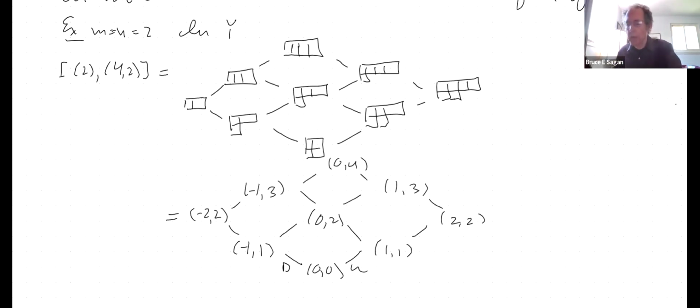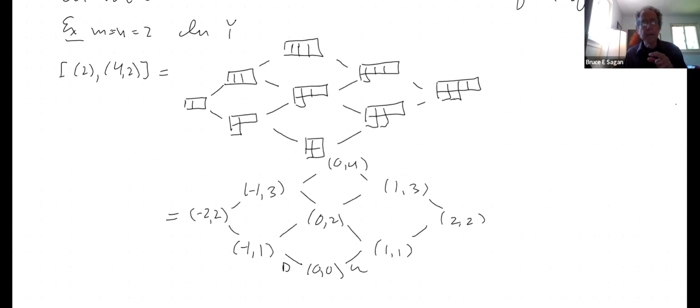Okay, so why is that useful? It's going to be useful because we're now going to be able to interpret. This is going to be useful, but we're not going to go to weight spaces.